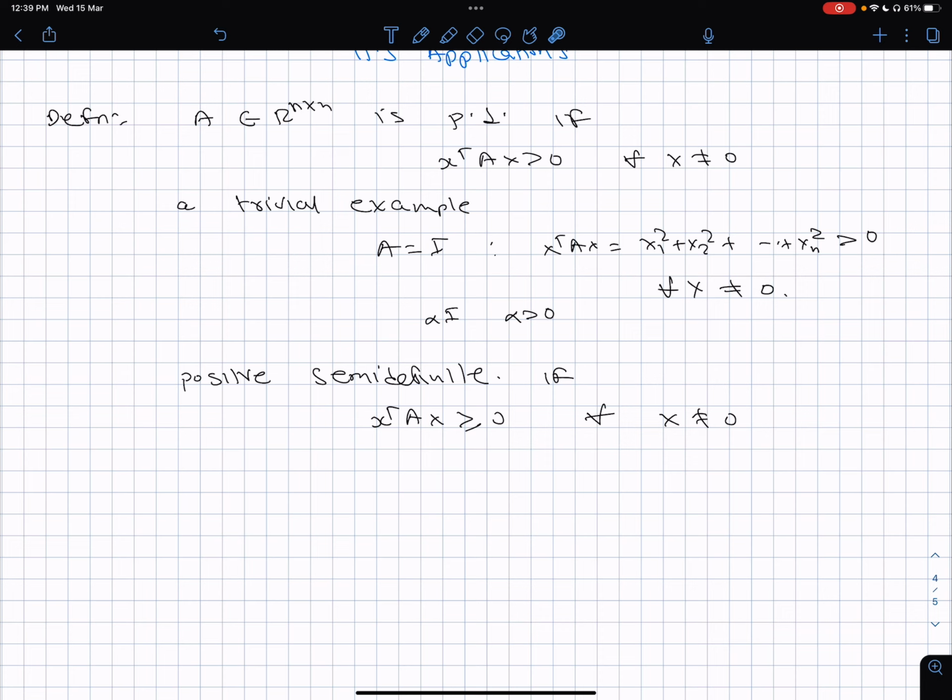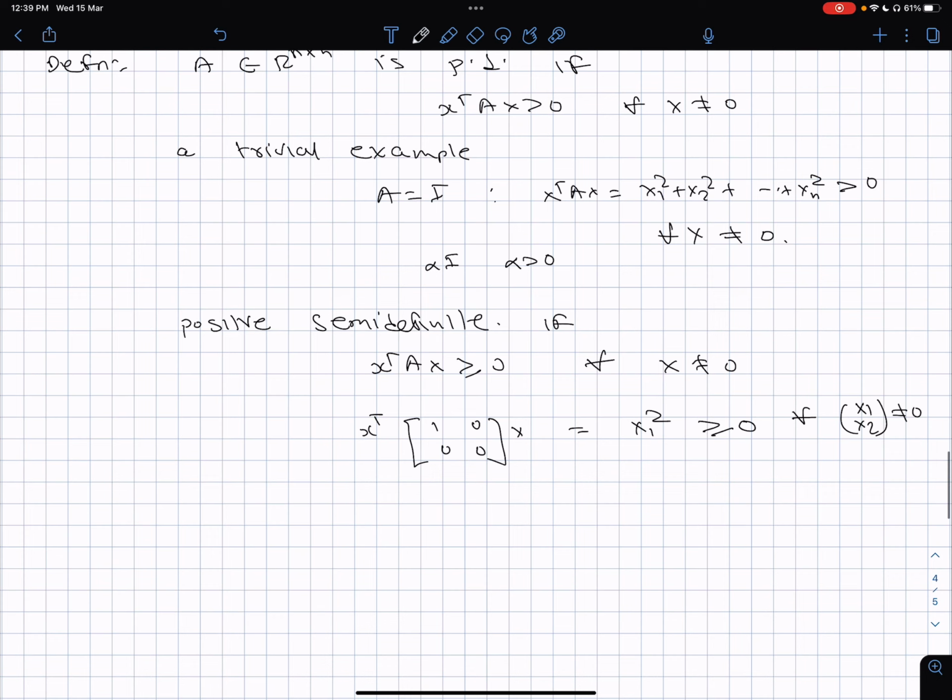Again, a simple 2 cross 2 example would be the matrix with rows 1 0 and 0 0. If you look at x transpose Ax here, that is nothing but x1 square, and this is always greater than or equal to 0.